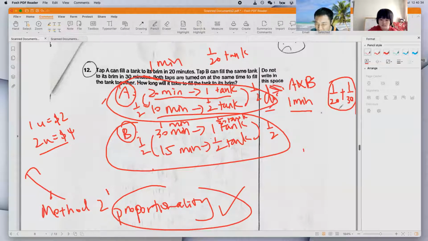Okay, can you help me out? I'm going to use a calculator. What is the result here? 1/20 plus 1/30.